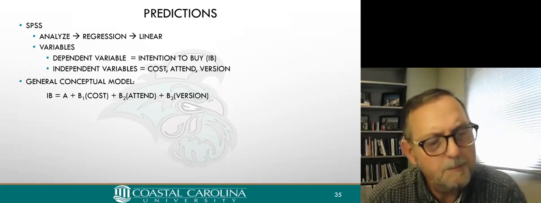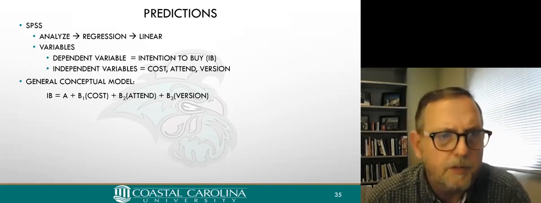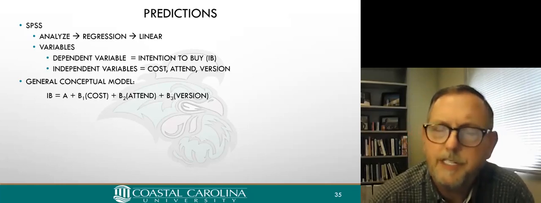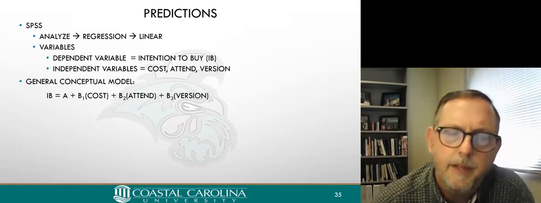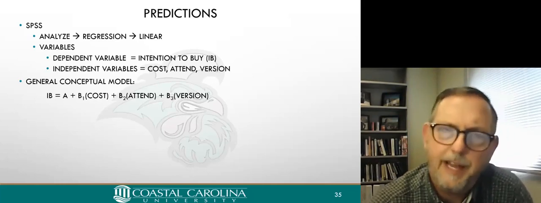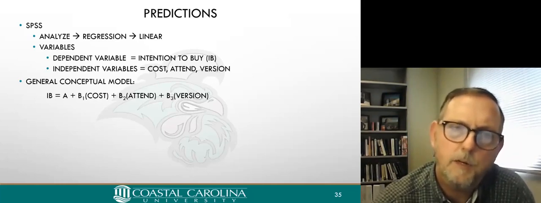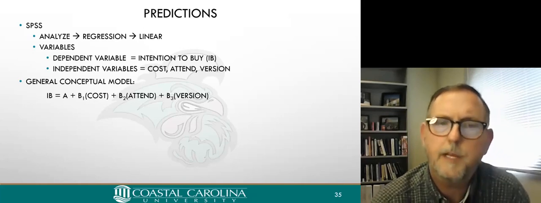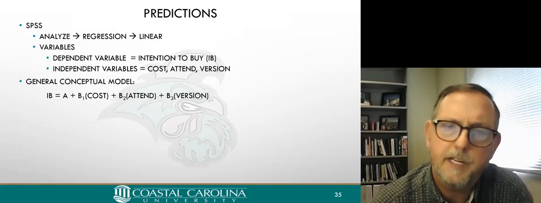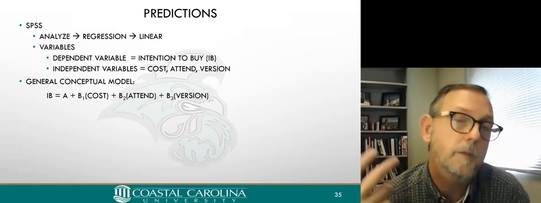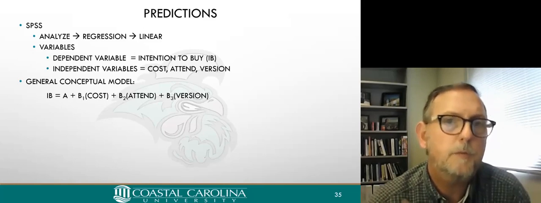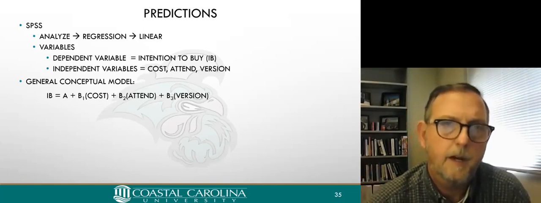Okay, so here's the measurement model, or the conceptual model, where we have IB, which is intention to buy, which is equal to the constant A. And then we're going to add to that a weight or a beta associated with cost, and then a second beta for attend, and a third beta for version. Now remember, when we estimate this model, A, B1, B2, and B3 will be the things that are estimated.